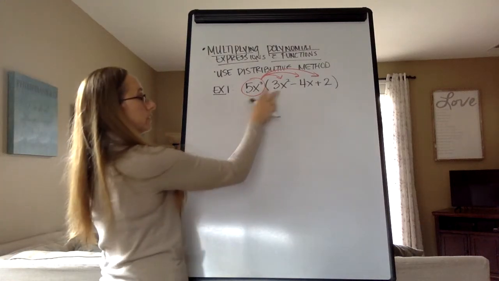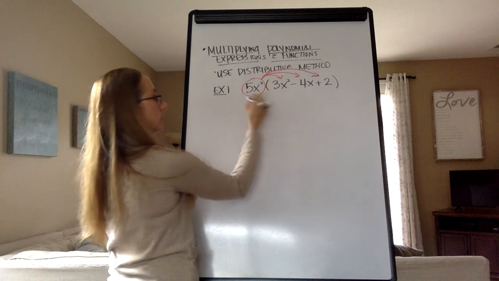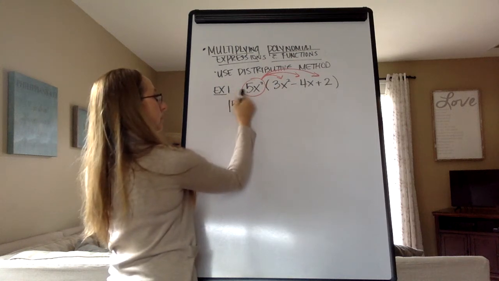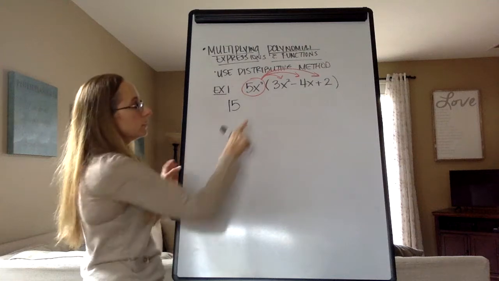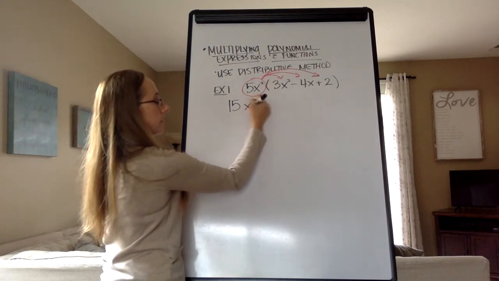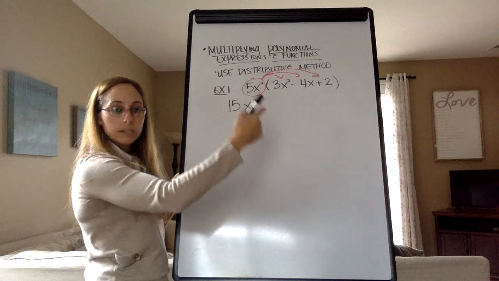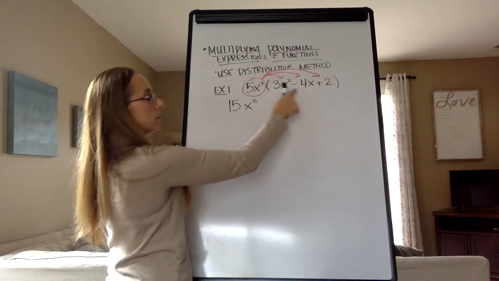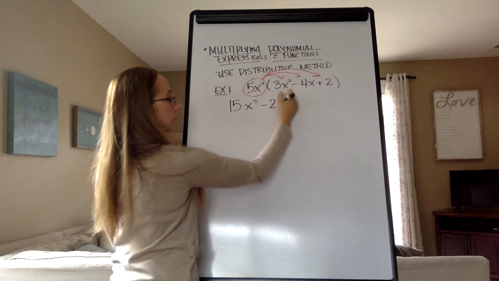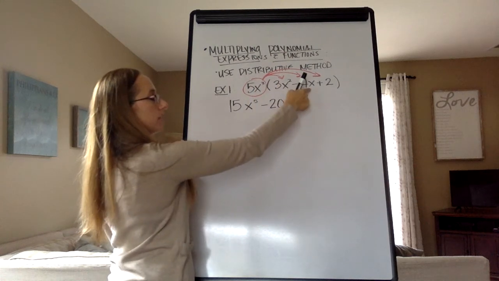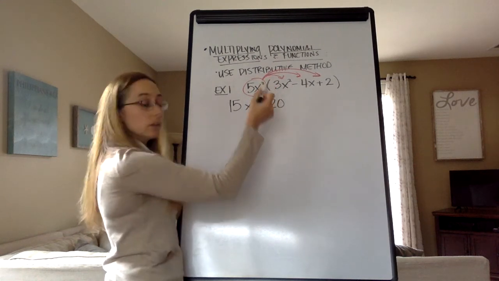So for the first term, 5 times 3 gives you 15. X to the third times x squared, you add the exponents. So 3 plus 2 is 5. So x to the fifth. Moving on to the next one. 5x to the third times minus 4x. 5 times minus 4 is minus 20. X to the third times x, again, there's an implied 1.